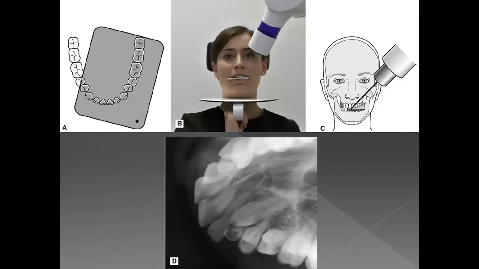Okay, another thing you would have noted is that although you can evaluate the maxillary anterior teeth quite well with an occlusal X-ray, you can't really evaluate the maxillary posterior dentition. For that reason, we have an upper oblique occlusal X-ray, and this is basically done for the premolars and the molars.